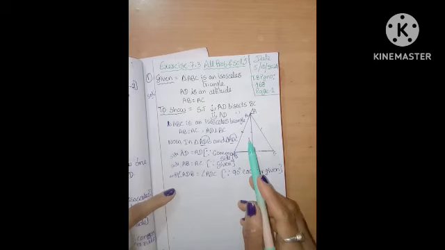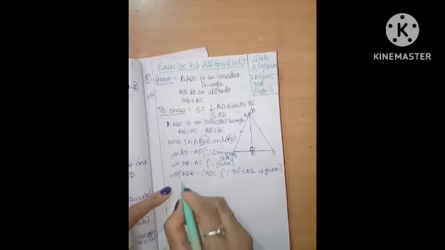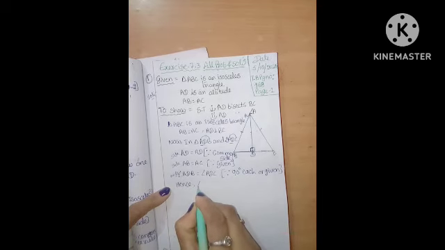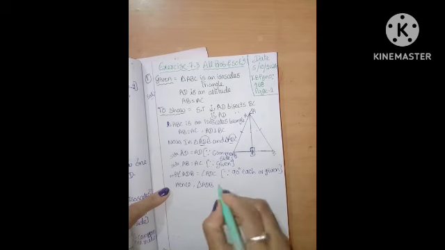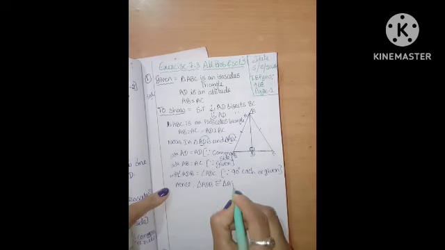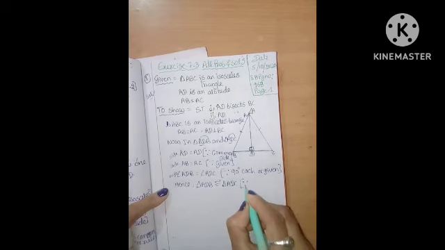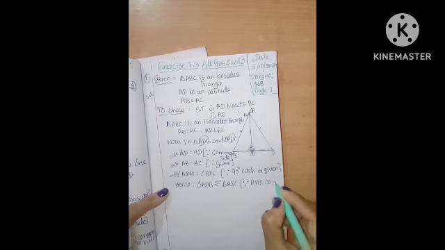According to the RHS rule, are these two triangles congruent? Yes, congruent. Therefore, triangle ADB is congruent to triangle ADC. Why are these two triangles congruent? According to the RHS congruence rule.